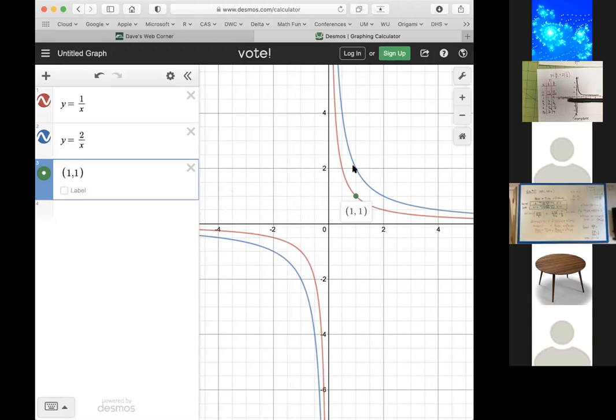And what does it look like on the blue graph? I just doubled the height, and now it's 1, 2. Not 2, 1. 1, 2 is doubling the height. The height is the second coordinate. What's the height right here? Looks like about 2 and 0.5.